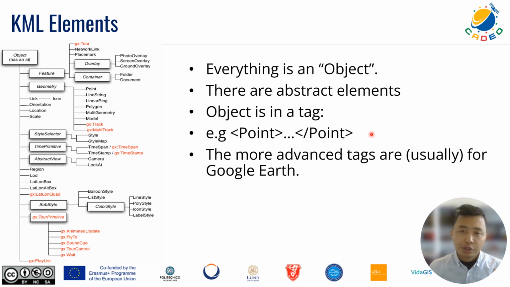More advanced tags in KML, such as Placemark, LineString, or Polygon, are typically used to define more complex graphic features and are often utilized in applications like Google Earth for visualizing spatial data.